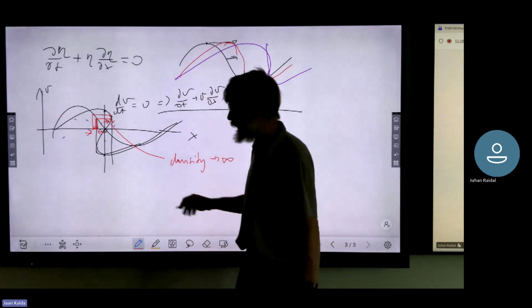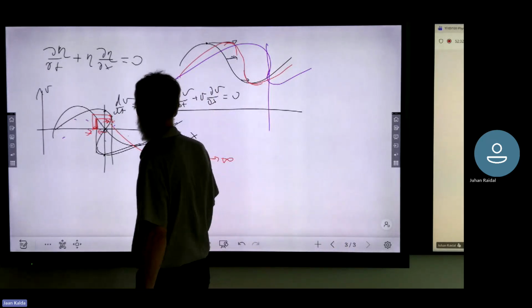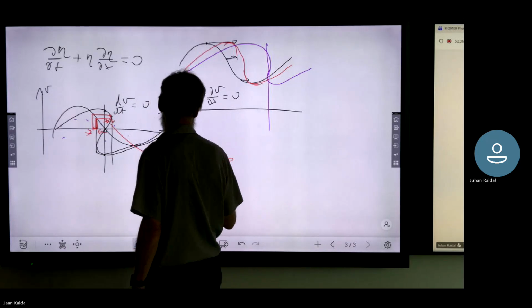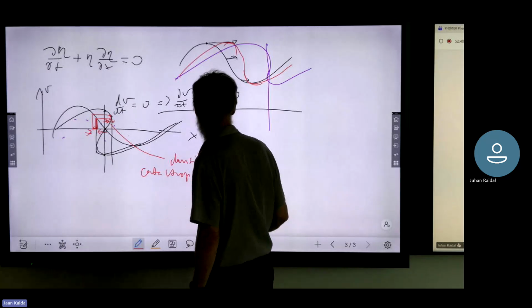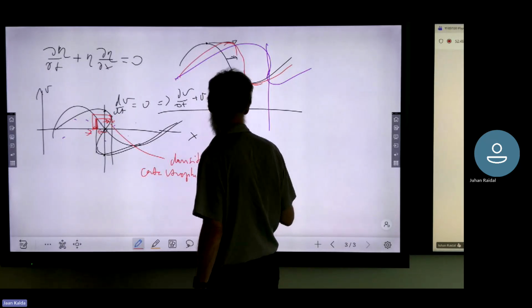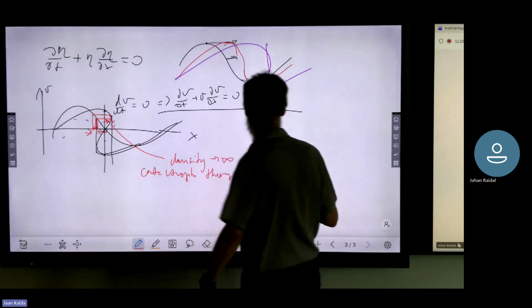So this is called a theory of catastrophe theory. This is called caustic. We are speaking about caustics and catastrophe theory later on a little bit more.